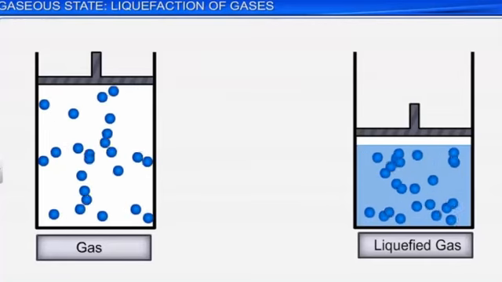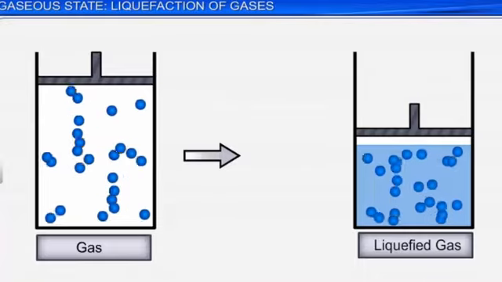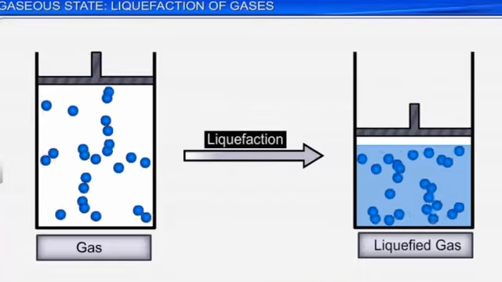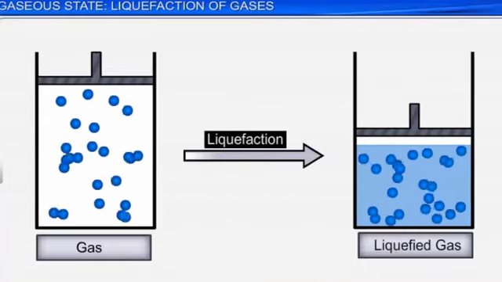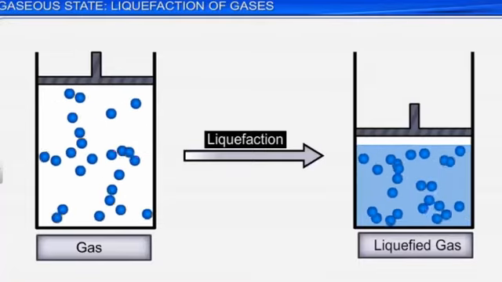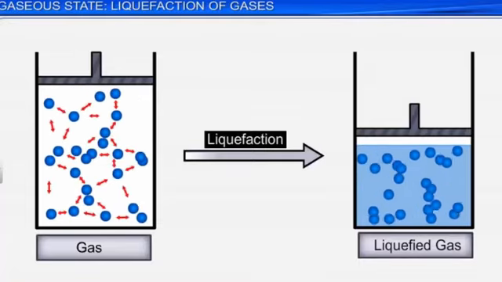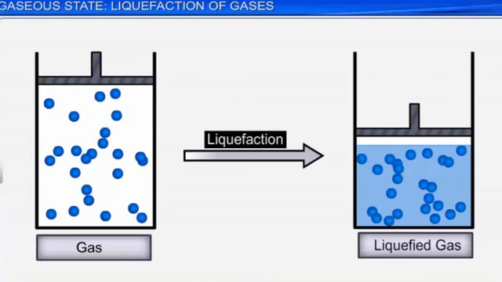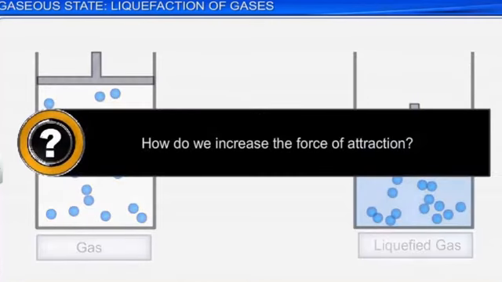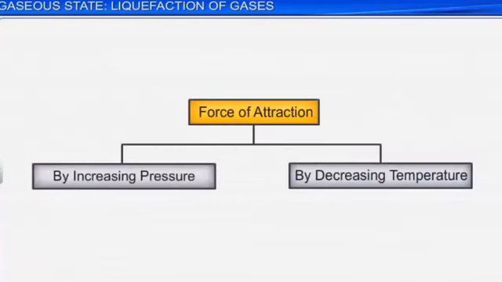A gas can be converted into a liquid through a process called liquefaction. Liquefaction of a gas can occur only when the intermolecular force of attraction between the gas molecules is increased. So, how do we increase the force of attraction? It can be increased in two ways.